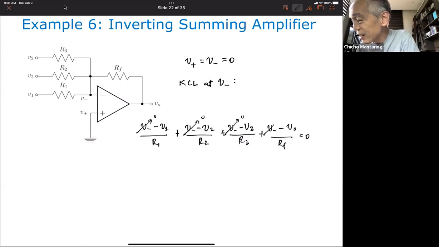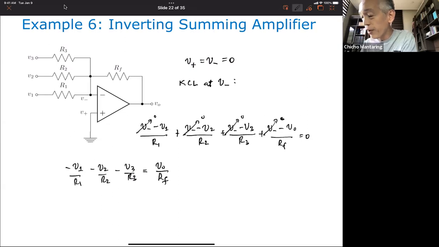This is 0 and this is 0. Sorry, I don't know what I was doing. I have minus V1 over R1, minus V2 over R2, minus V3 over R3 is equal to VO over RF. No? Sorry.